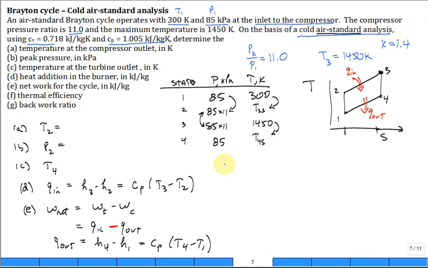What about F? The thermal efficiency. It's the net work, that's the answer for part E, divided by Q in, the answer from part D. True? And then G, the back work ratio. Well, here you need to get the work of the compressor and divide it by the work of the turbine.